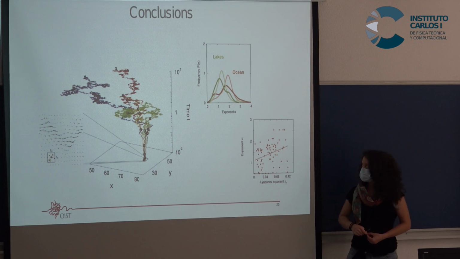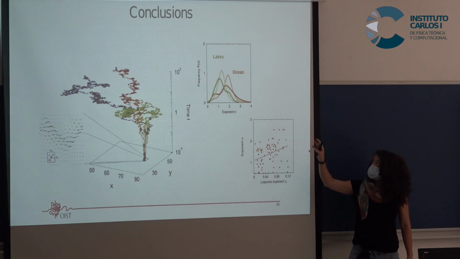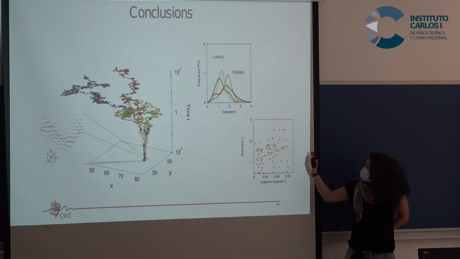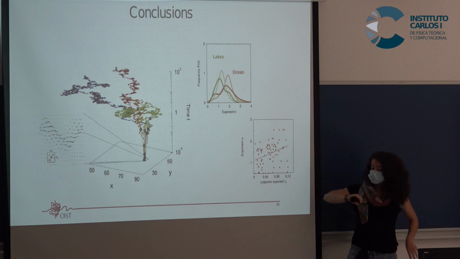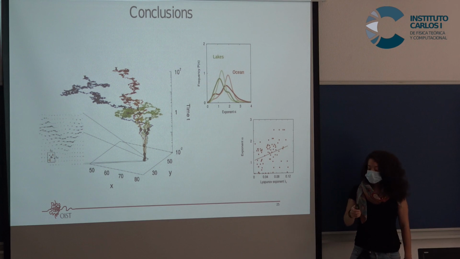It's very optimal computationally. With this model, we predicted the observations in lakes and oceans. And not only that, but we also understood that one of the mechanisms that could be responsible for this increase in the exponent is chaotic advection.